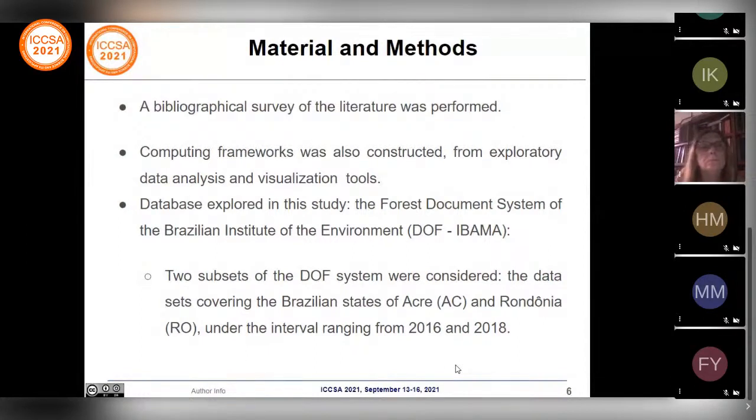Two subsets of the DOF system were considered, covering the Brazilian states of Acre and Rondônia, over an interval ranging from 2016 to 2018.